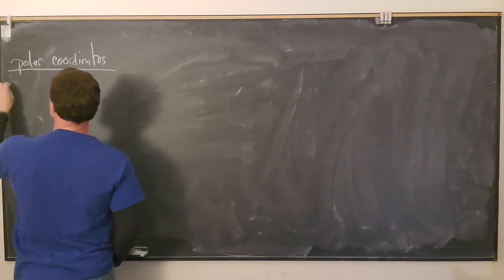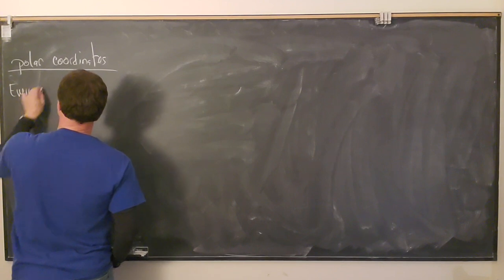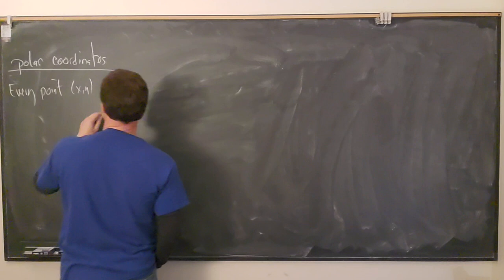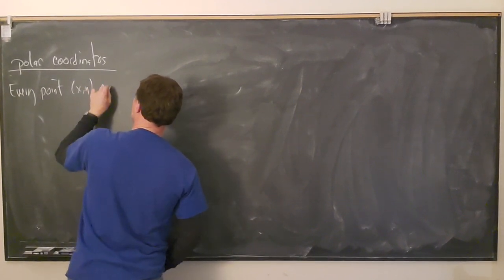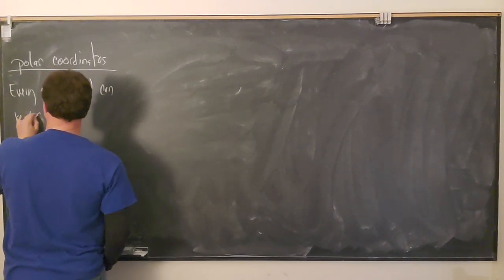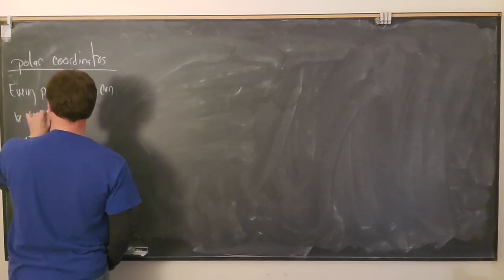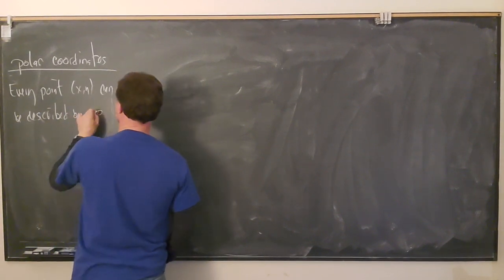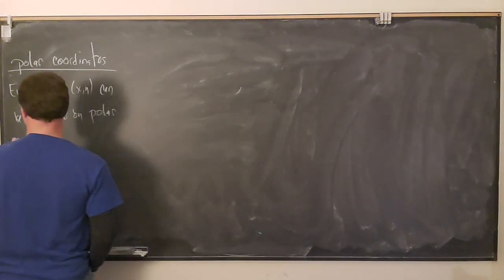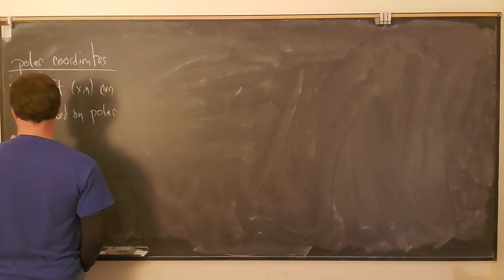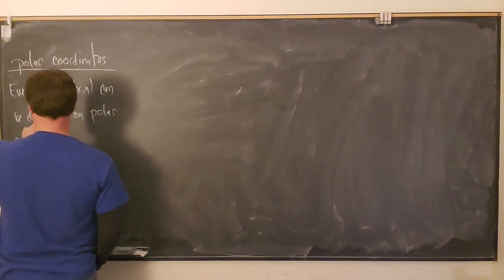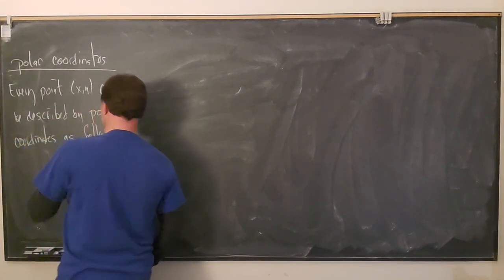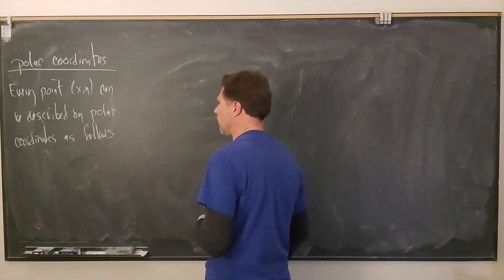And so here's the idea. Every point x comma y can be described by polar coordinates as follows. Let me draw the picture, and we have some words and equations that go along with this.